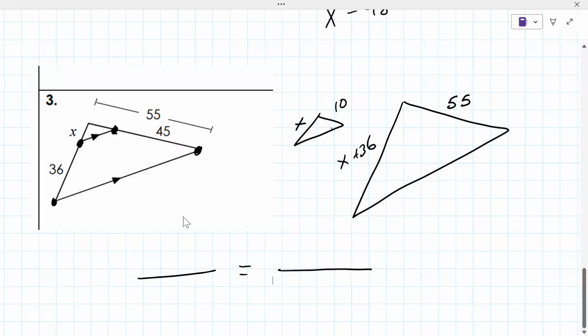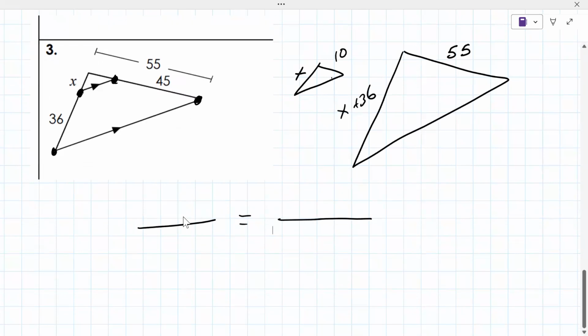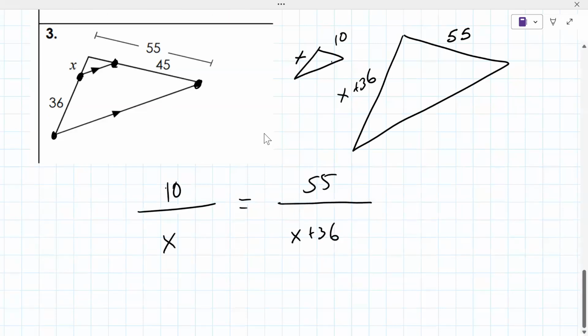Give me the setup here whenever you've got it, please. All right, so it'd be 10 over x equals 55 over x plus 36. Good, that does work.